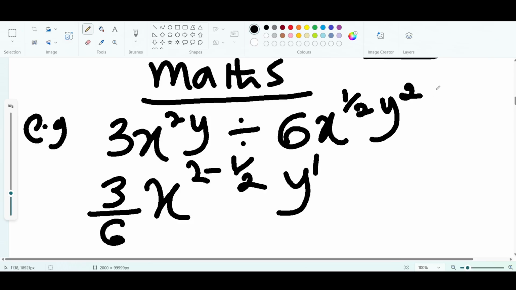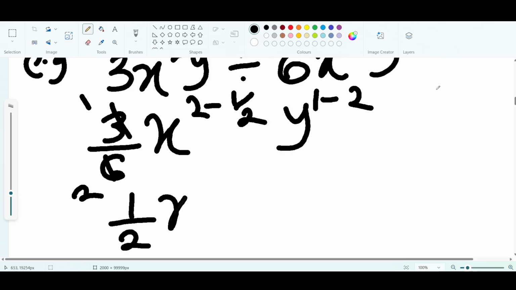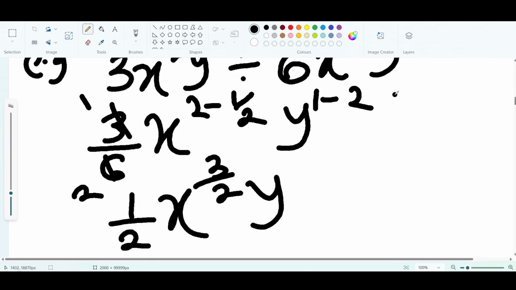So it's going to be 1 minus 2. So at this point, we can cancel 3 here with 3 here, so our final answer is 1 all over 2. Then x now raised to the power 2 times 2, 4 minus 1. That's 3 all over 2. Then y will be 1 minus 2. That's minus 1.